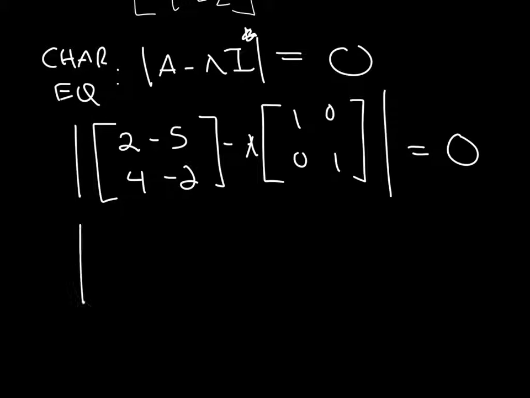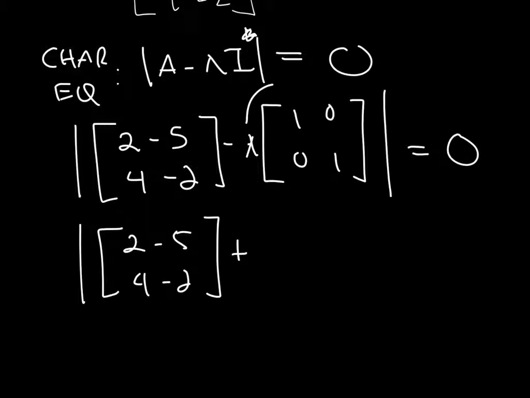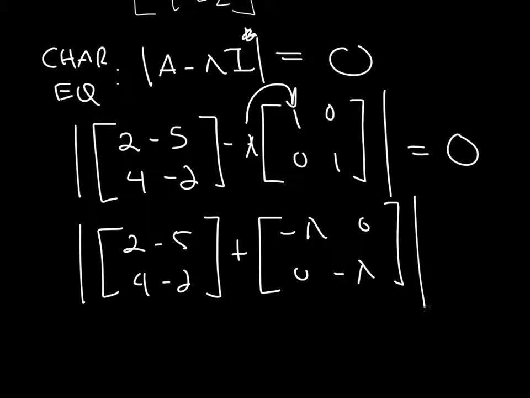And so we have the determinant of our coefficient matrix that I'm just rewriting, and I'm going to write plus, because when I use scalar multiplication, this lambda is going to be multiplied to each entry. It basically becomes negative lambda, and zeros.